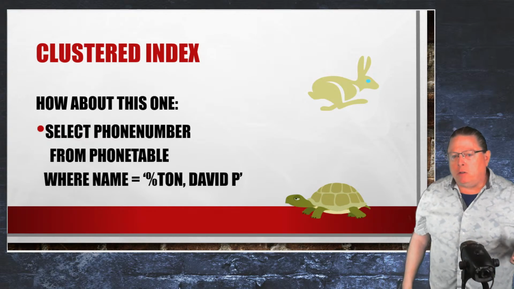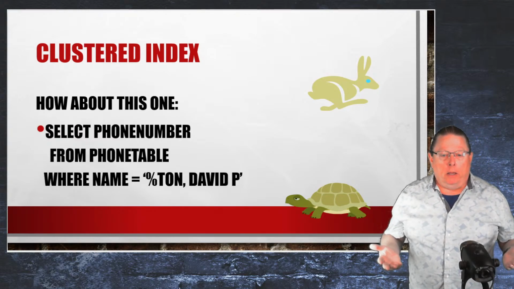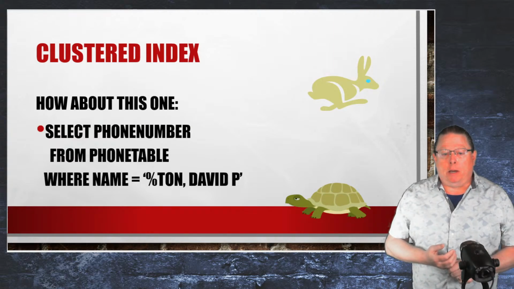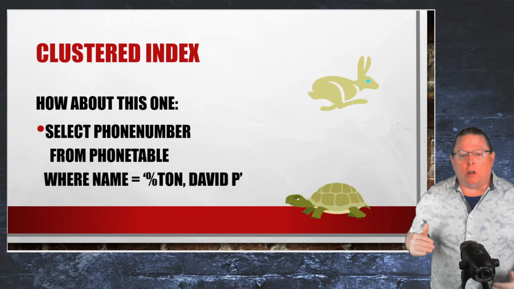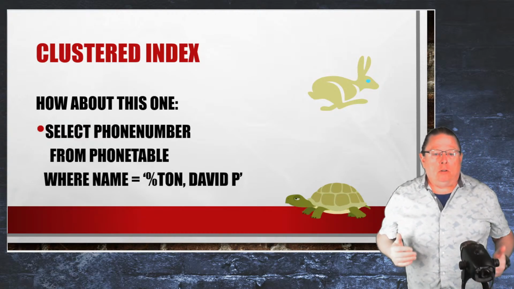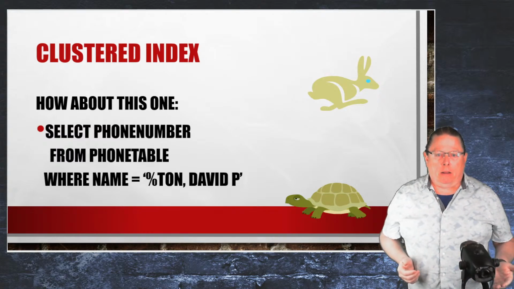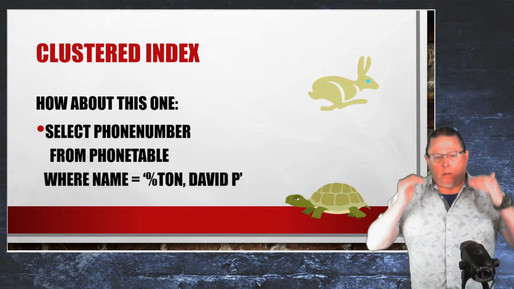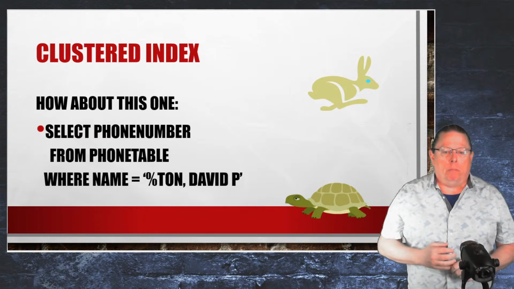Think about this as though you were using the white pages in a phone book and how you would go about doing it. Well, you couldn't search alphabetically because Milton and Walton and Hamilton all appear in different sections of that phone list. So a query like this will cause what's called a full index scan, which starts at the top and goes all the way through the list to find all of the values that would match that.